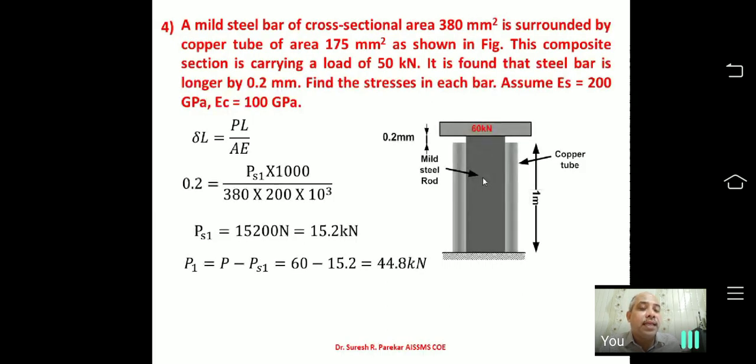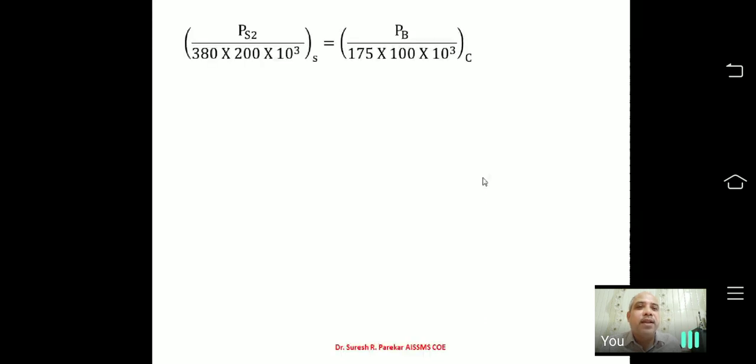Now my collar is at the level where the steel and copper bar are at the same height, and now I have to apply delta L for mild steel equal to delta L for copper. Now you can see PL upon AE for steel equal to PL upon AE for copper, and now we will substitute the values.